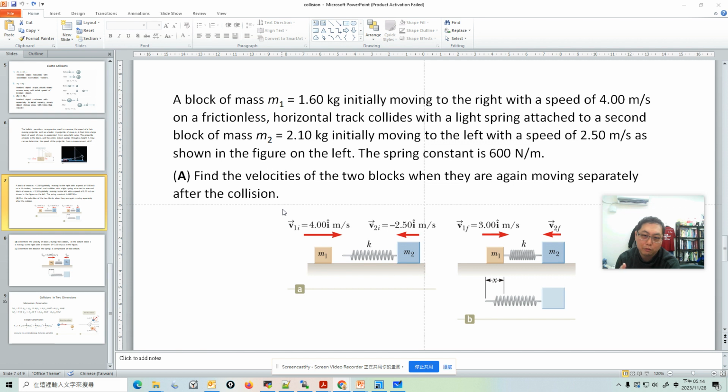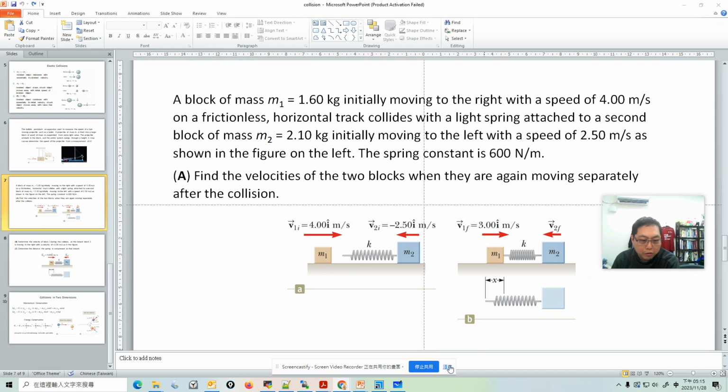Even though there is a spring, and when they collide the spring will compress and then they move apart, during the collision we don't need to know any detail of this force. So the spring doesn't matter. It doesn't affect how we analyze our 1D collision problem.